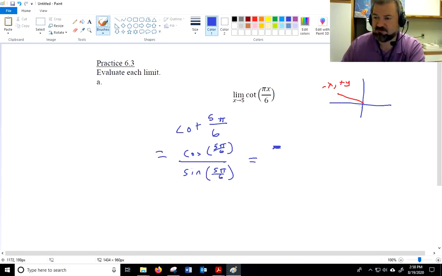It's very flat, so the x value is very far over, and root 3 over 2 is a bigger number. Over the sine of 5 pi over 6, well, that's just a positive number because it's in quadrant 2 where y's are positive, and it's over 1/2. And they always have the same denominator here, and these just cancel out by multiplying on top and bottom by 2. So the answer is simply a negative root 3.